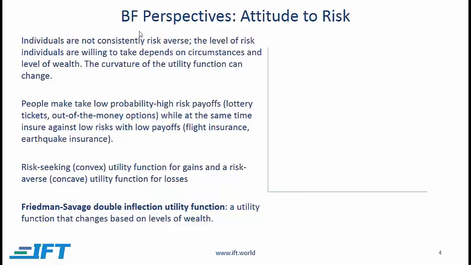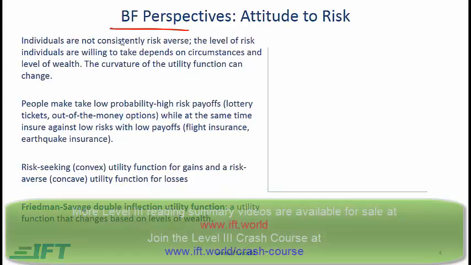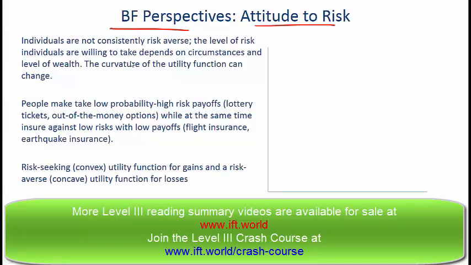Now, coming to the behavioral finance perspective, specifically the attitude to risk. According to behavioral finance, individuals are not consistently risk averse. The level of risk individuals are willing to take depends on circumstances and level of wealth. The curvature of the utility function can change.